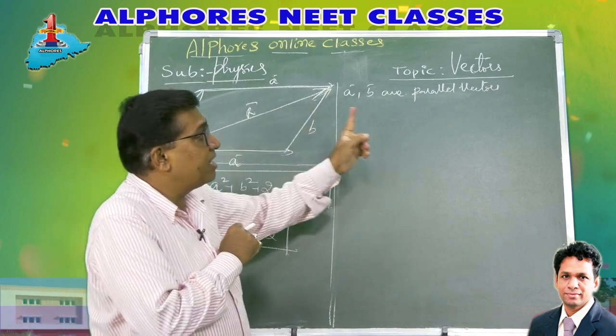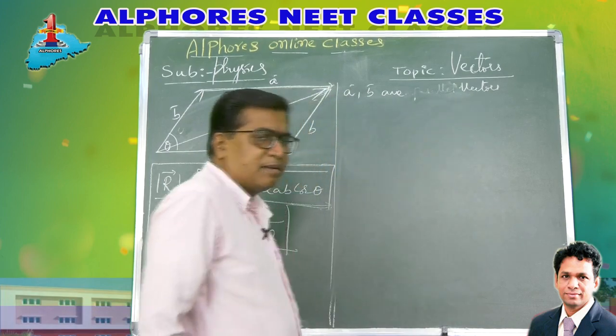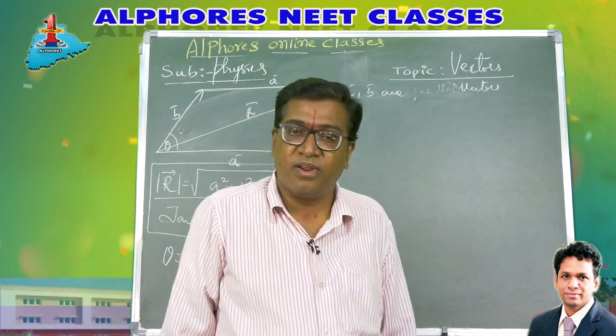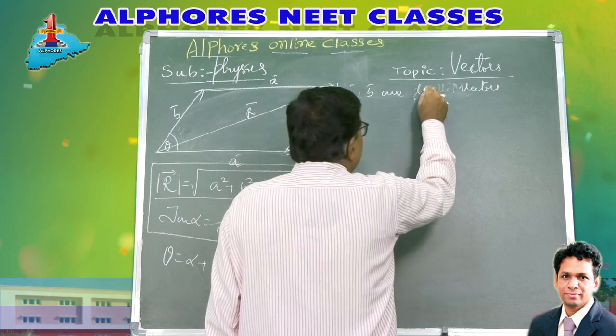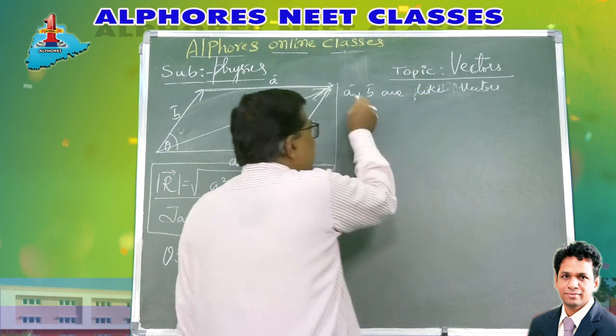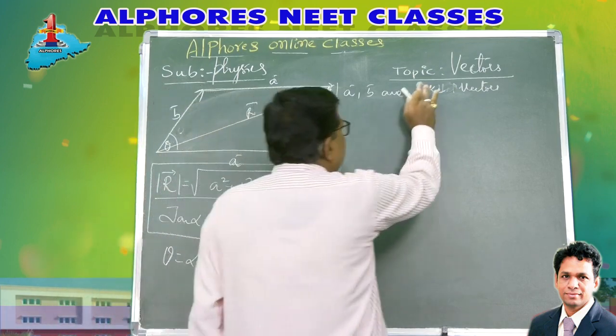So all like vectors are parallel vectors, but all parallel vectors are not like vectors. We have assumed already that A and B belong to the same physical quantity, so I can even write it as parallel vectors.